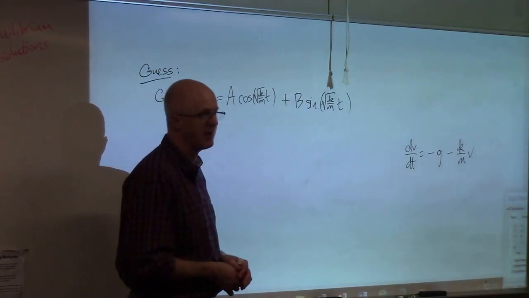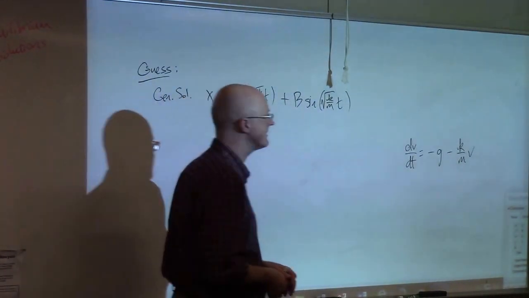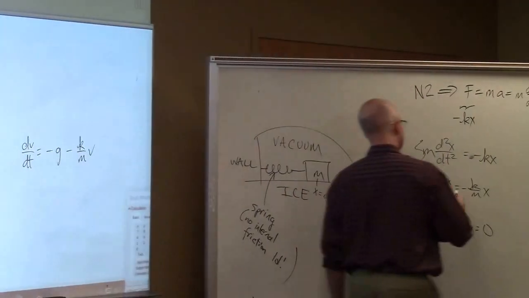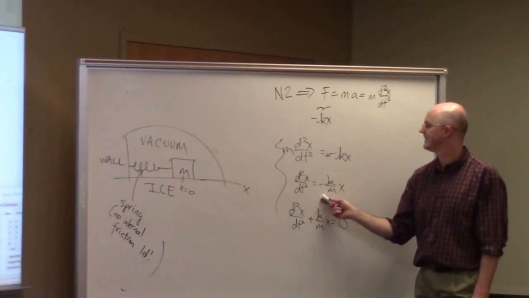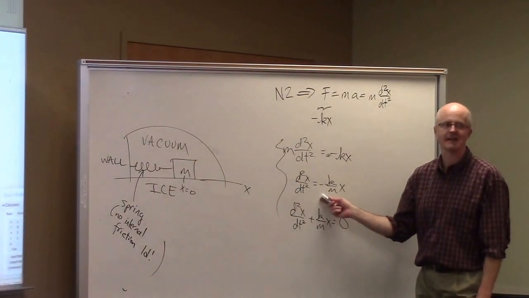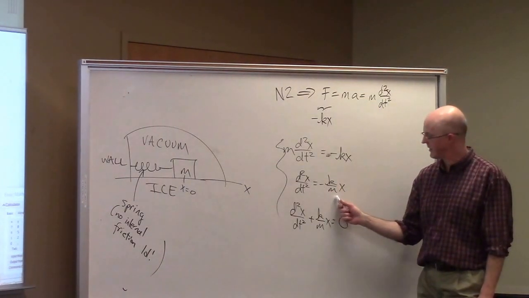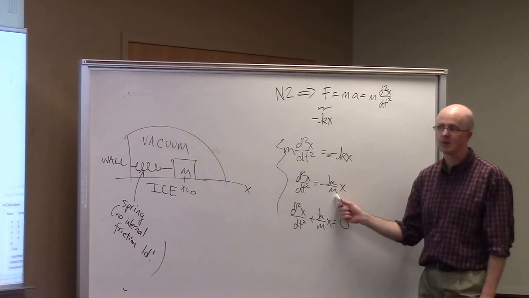So you get square root of k over m squared, and the square root goes away, leaving you with just k over m. And with a negative sign in there, since the derivative of cosine is negative sine, and the derivative of negative sine is negative cosine. That's where that negative matches up, and the k over m is right there. You can check this works.